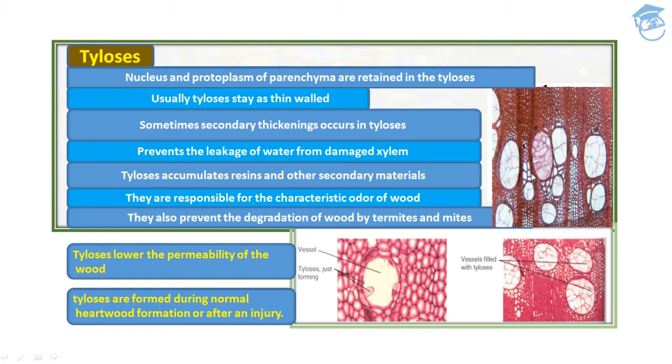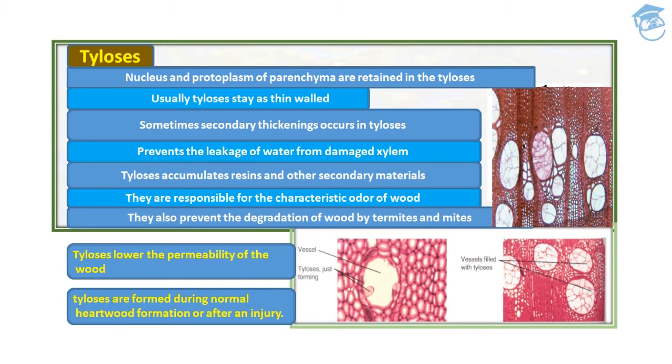Sometimes secondary thickening occurs in tyloses, and their significance is that they prevent the leakage of water from damaged xylem. But tyloses formation is also harmful because it blocks the path, or you can say it hinders the conduction of water and minerals.